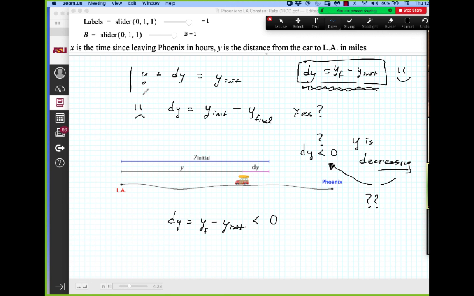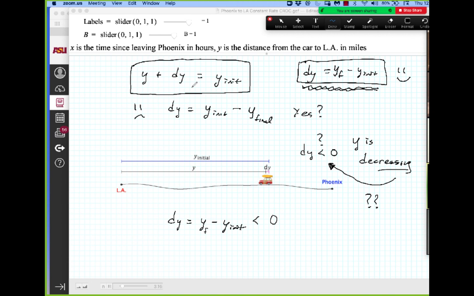What did we assume when we wrote this? We assumed dy was positive. Does this equation assume dy is positive? This plus this equals that? Doesn't that assume that dy is a positive value?